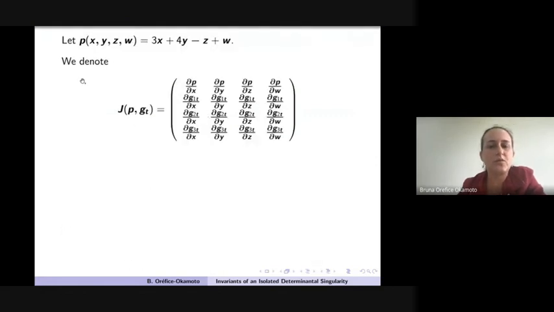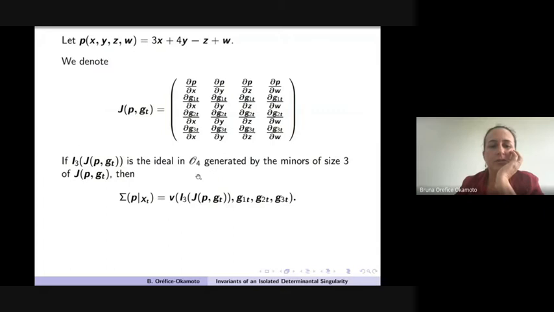I consider the Jacobian matrix of the map defined by P and by the germs which define X_t, these g_1, g_2, g_3 that I have for j_1, j_2, j_3.